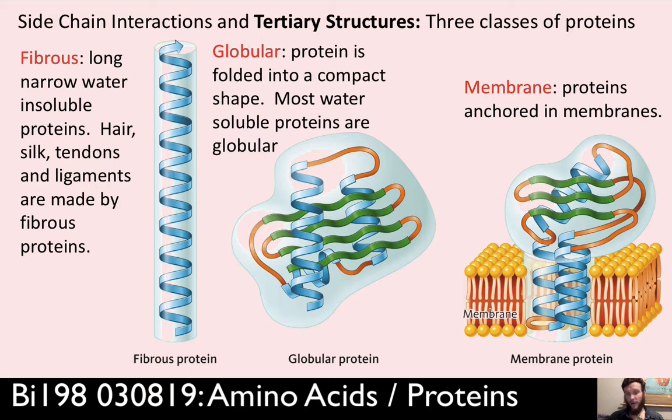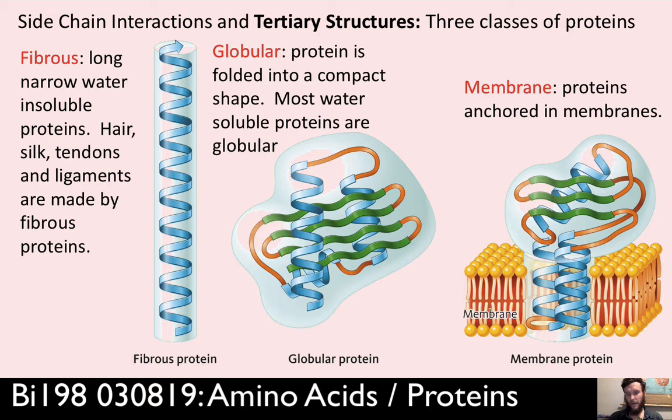There is a third category that sort of puts these two things together in what are called transmembrane proteins or membrane proteins. These are proteins that have a portion of them that acts as an anchor in the membrane of a cell. That anchor is going to have some kind of hydrophobic character to it.